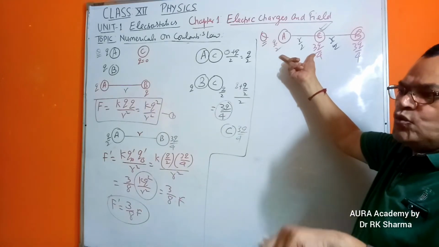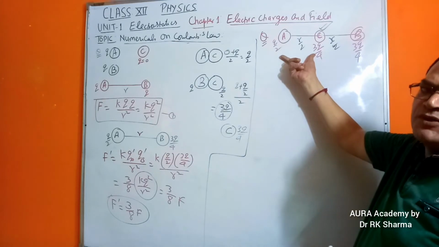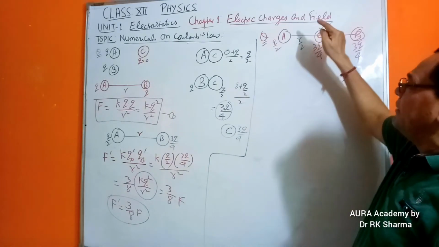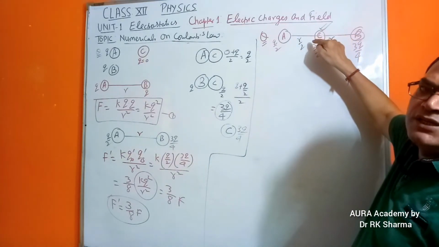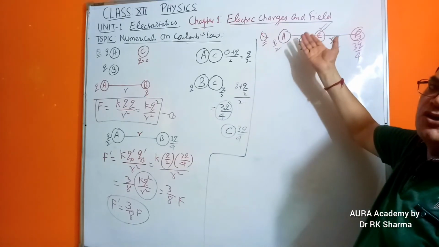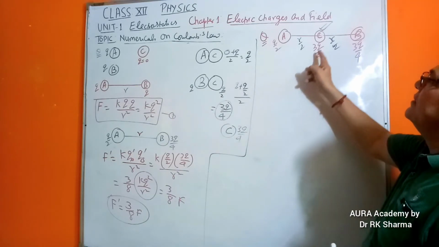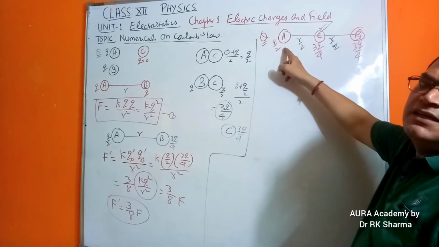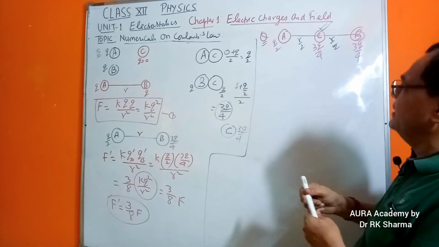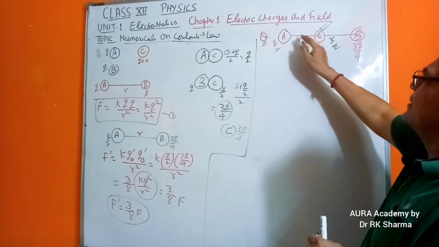Now the question is, which will repel what? Which point charge will repel which other point charge? The point where the force is being calculated, that is C, should be either repelled or attracted, depending upon the condition. So here is a repulsion condition, meaning C should be repelled by A. So A will be repelling this C right this way.